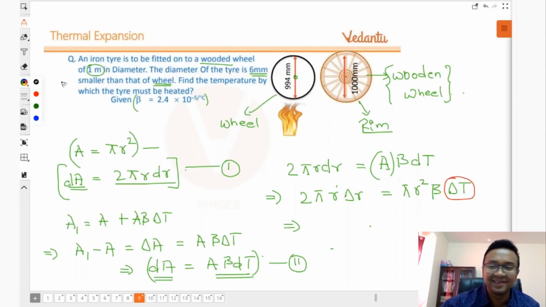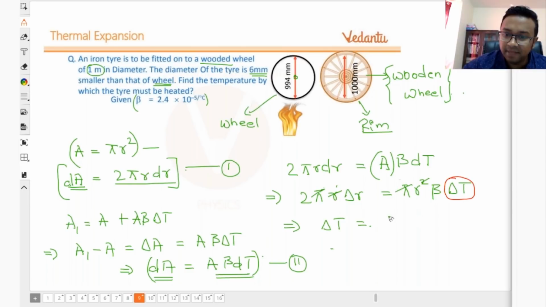Good. Chalo. So what we can do here is now 1 r and 1 r will go away. So delta t is going to be equal to, pi goes away, 2 times delta r divided by r into beta. Okay. Students, if you see here the value of delta r, what is going to be delta r? We know that delta r is the change in the radius.